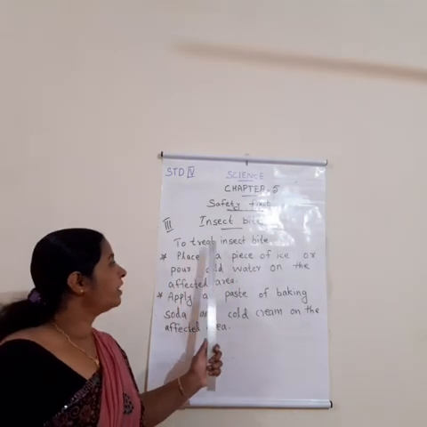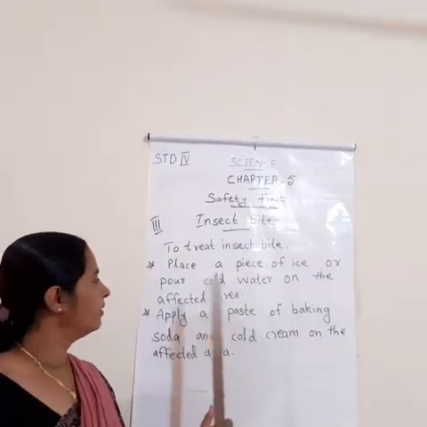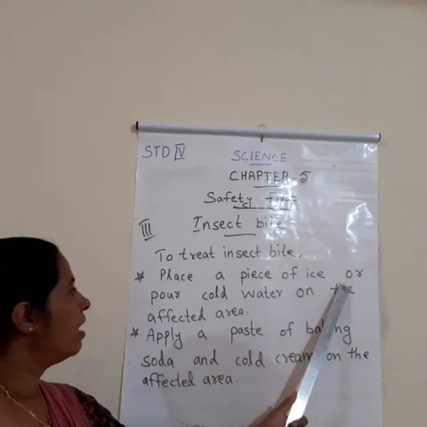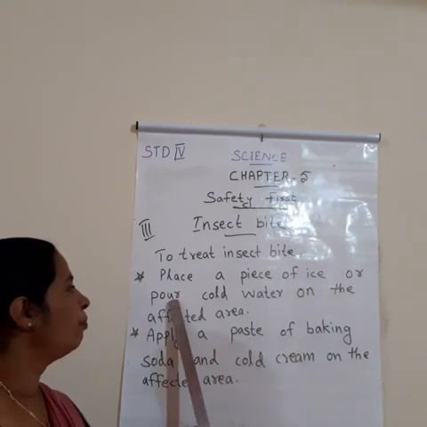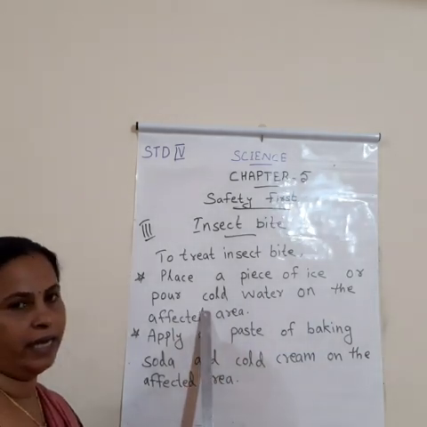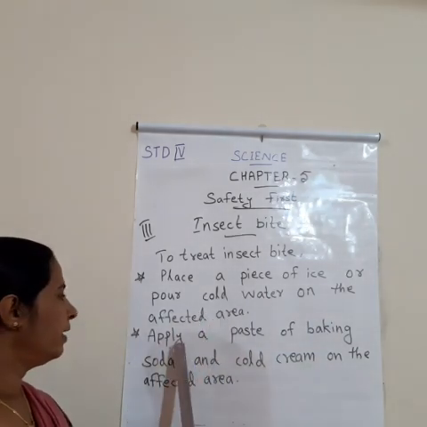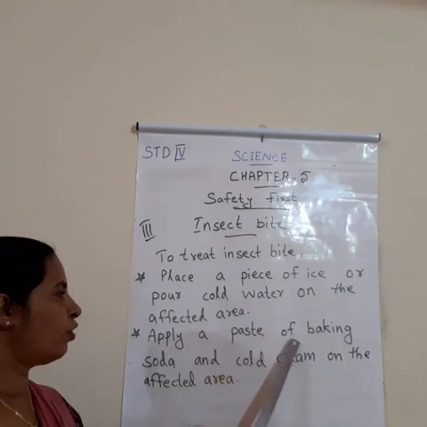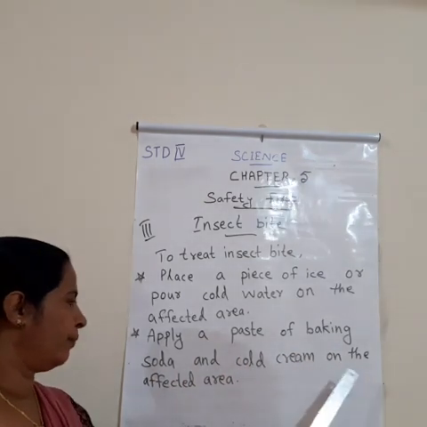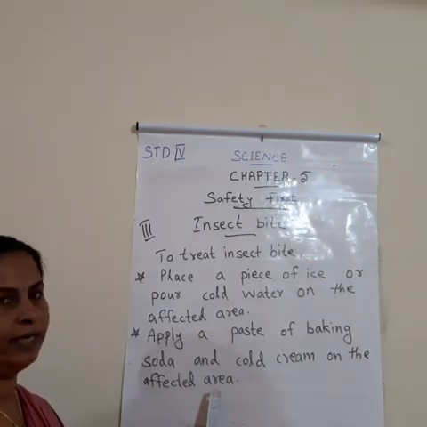So, to treat insect bite, first place a piece of ice or pour cold water on the affected area. Then apply a paste of baking soda and cold cream on the affected area.